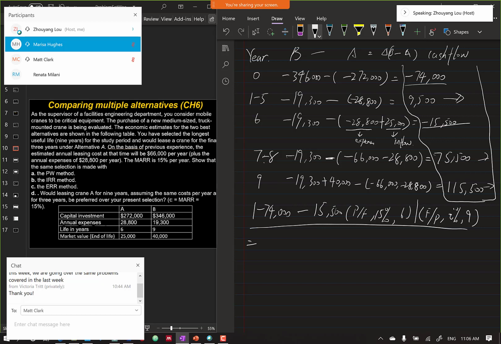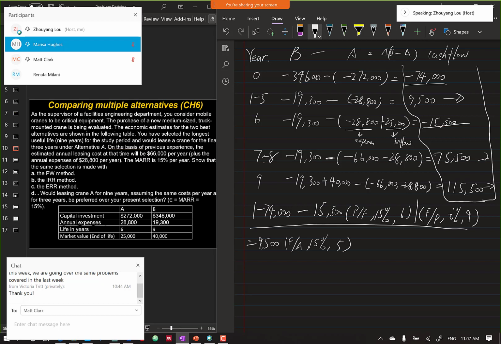So first, because we're getting the annuity, we calculate the future value. Given annuity 9,500, calculate the future given A, at 15%, for 5 years. 1, 2, 3, 4, 5.